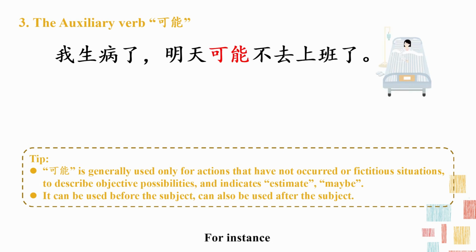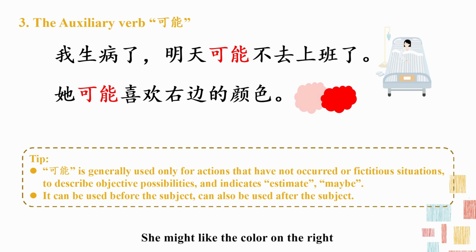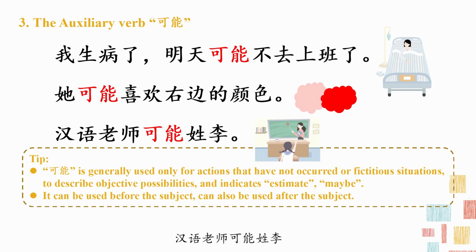For instance, 我生病了，明天可能不去上班了 I'm sick. I might not go to work tomorrow. 他可能喜欢右边的颜色 She might like the color on the right. 汉语老师可能姓李 The Chinese teacher's surname might be Li.